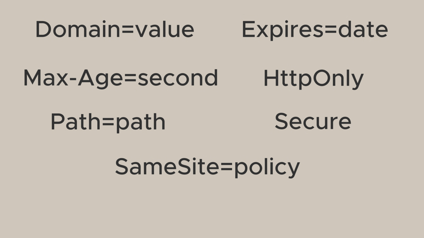The policy options for SameSite are Strict, meaning that cookies are only included for requests made from the same website that created the cookie. Lax, which tells the browser to include cookies when following a link, but not for cross-site requests such as images on the web page. And None, which means that the cookie is always included.